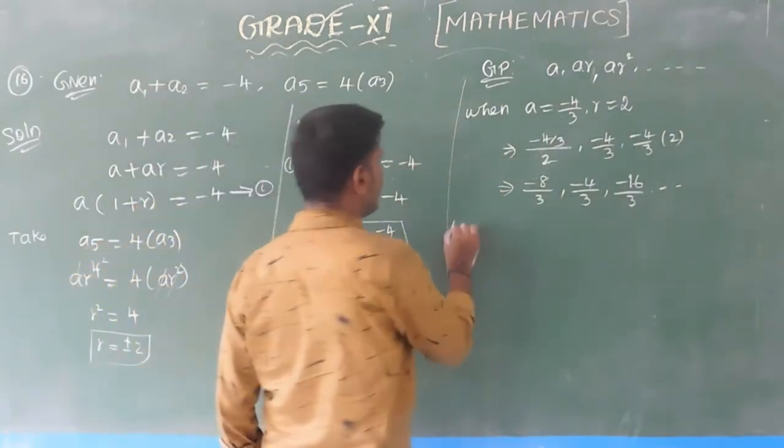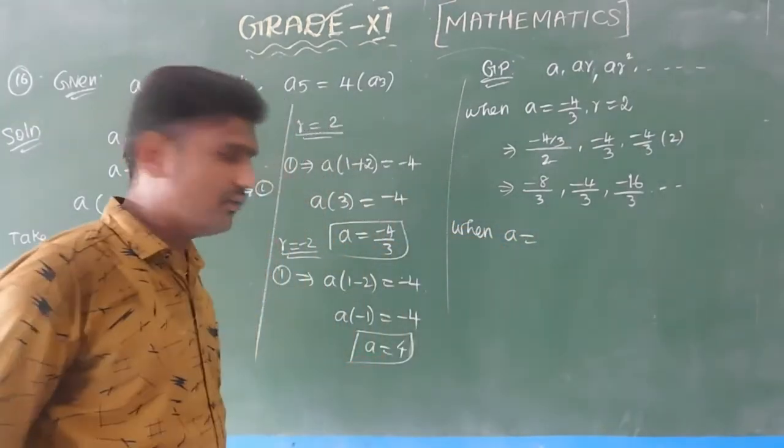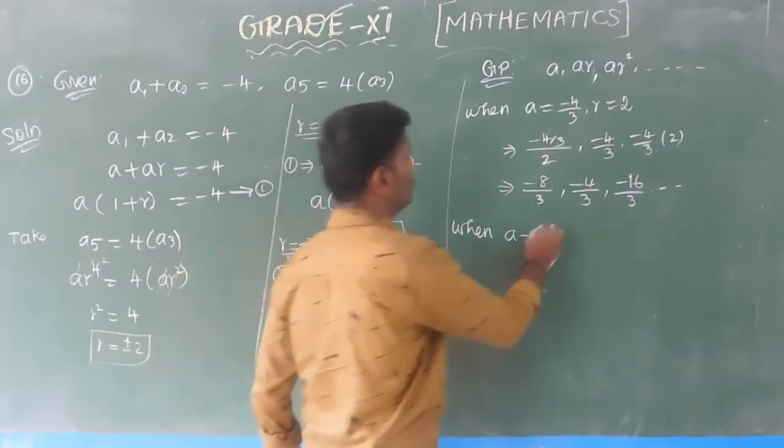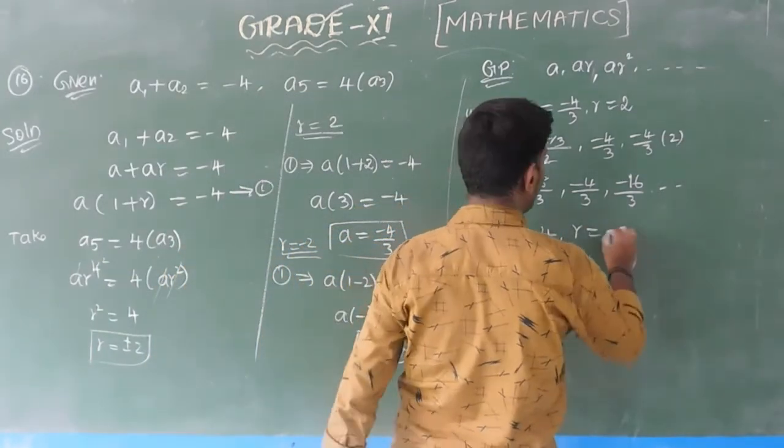Now coming to the second value, a is equal to 4 and r is equal to what, student? Minus 2.